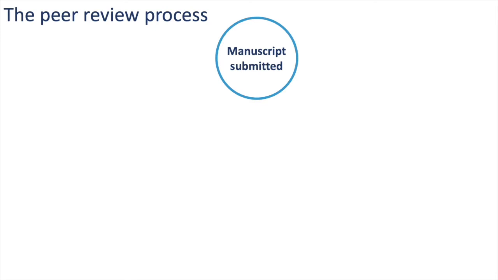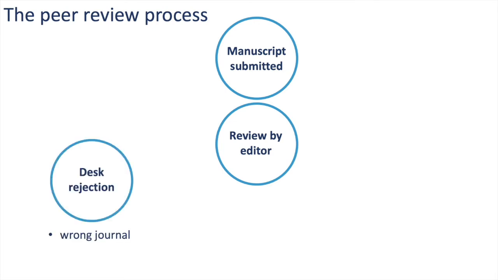So let's talk about the peer review process. What happens once you have submitted your manuscript? Depending on the journal, it is normally reviewed by an editor or an assistant editor, for example, and they do a first screening of the manuscript. After this first screening by an editor, there are two options.